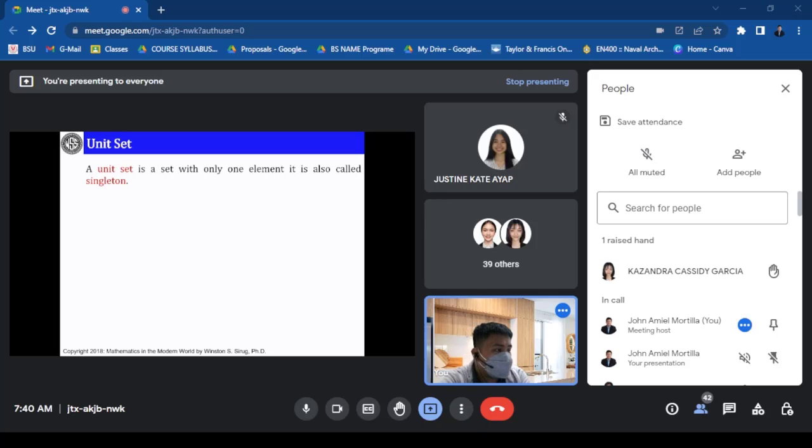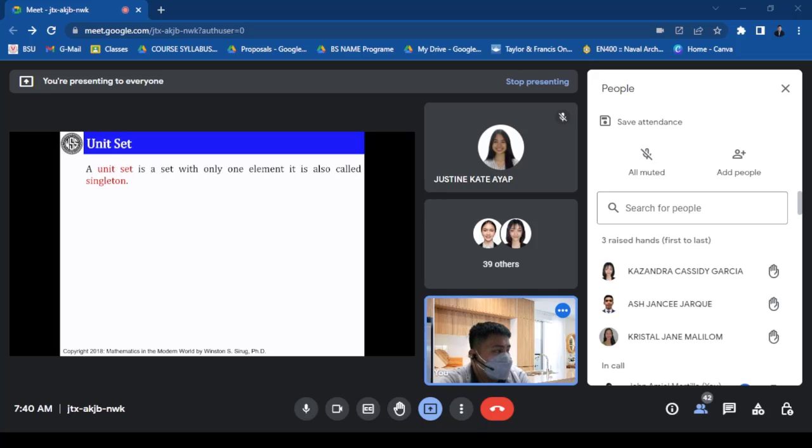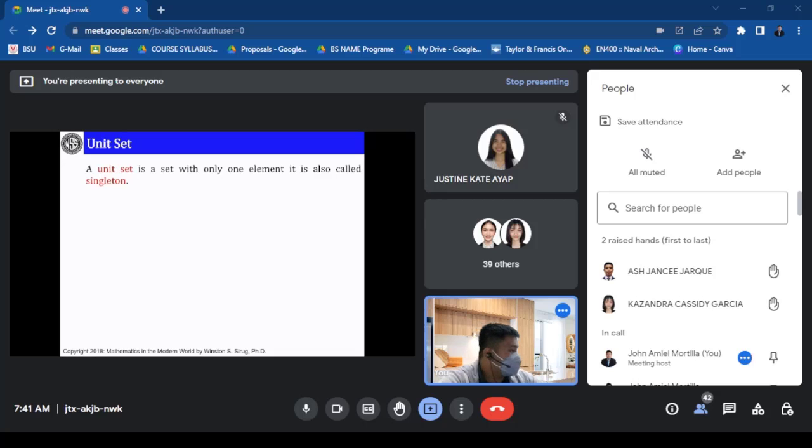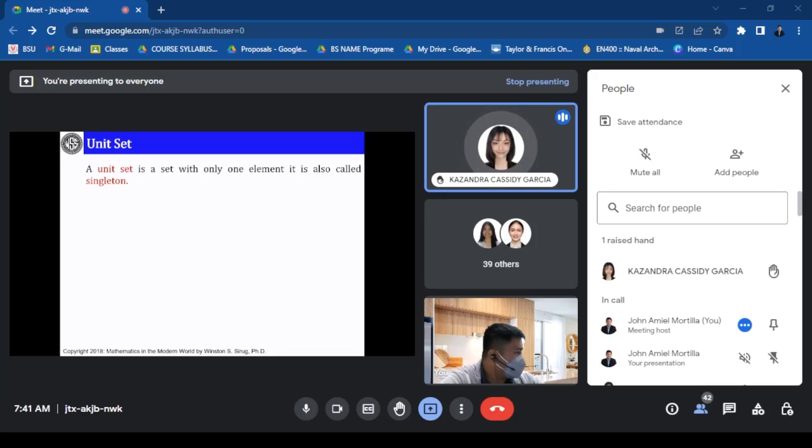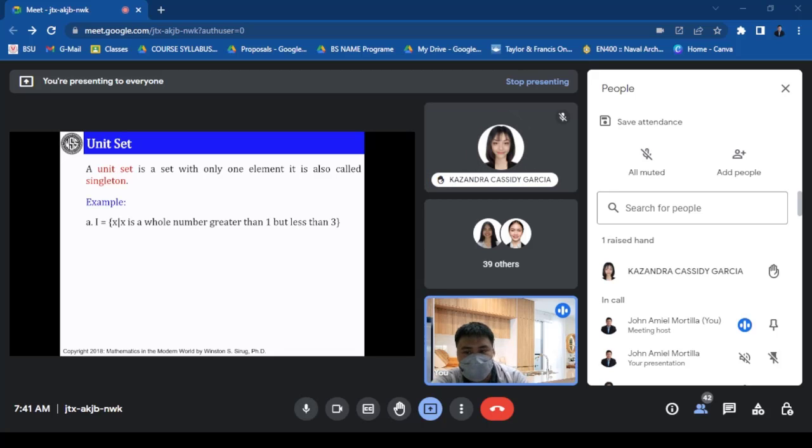Okay, so unit set. Please read. Okay, Cassidy. Please read unit set. A unit set is a set with only one element, and it is called a singleton. Okay, it is called a singleton.